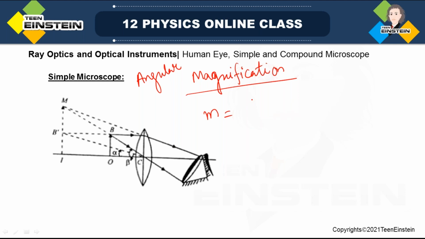M is defined as the ratio of the angle subtended by the image at the eye, when the image is formed at the least distance of distinct vision, to the angle subtended by the object at the eye at the least distance of distinct vision.